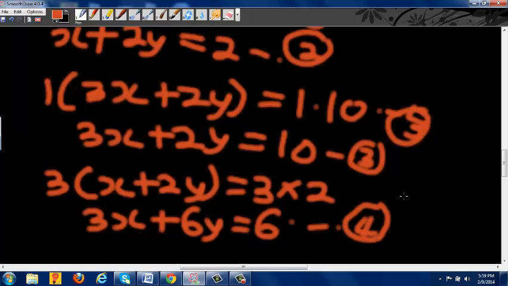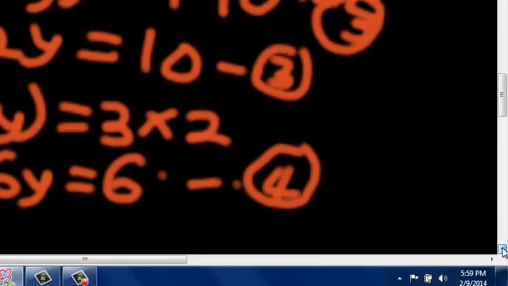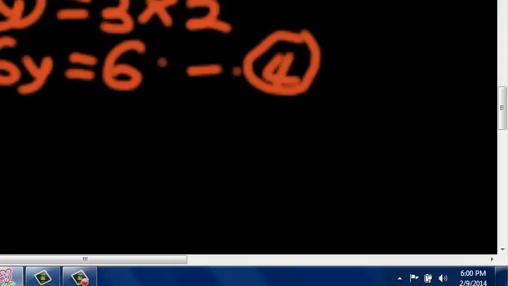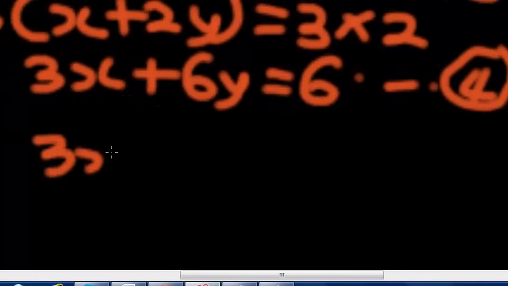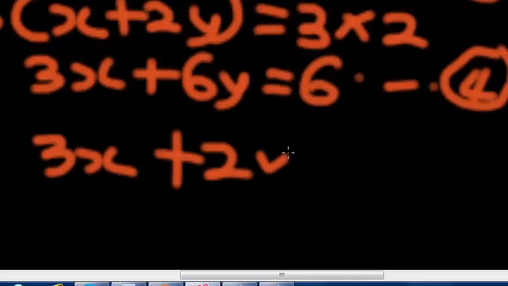Now once we have equation 3 and 4, we can now subtract the value of equation 4 from 3. What do I mean by this? Let's say that 3x, I'm taking equation 3 out now, plus 2y is equals to 10.